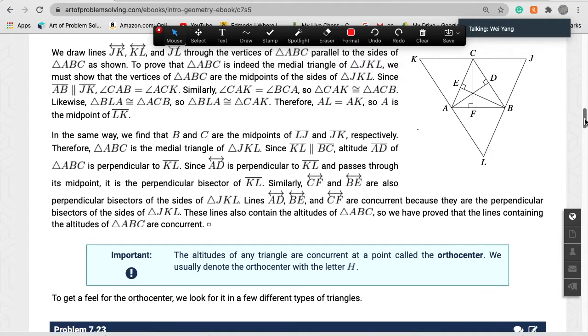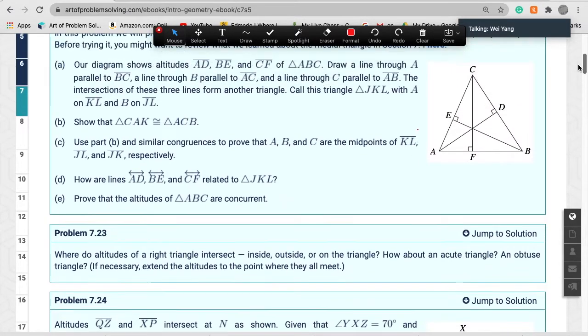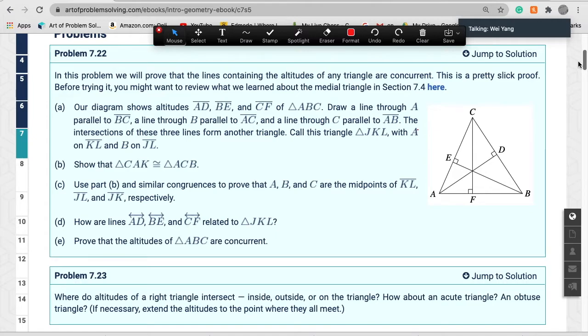So now let's go to the next problem. Here, how are the lines AD, BE, and CF related to triangle JKL? That means these three lines are the side bisectors of triangle JKL.